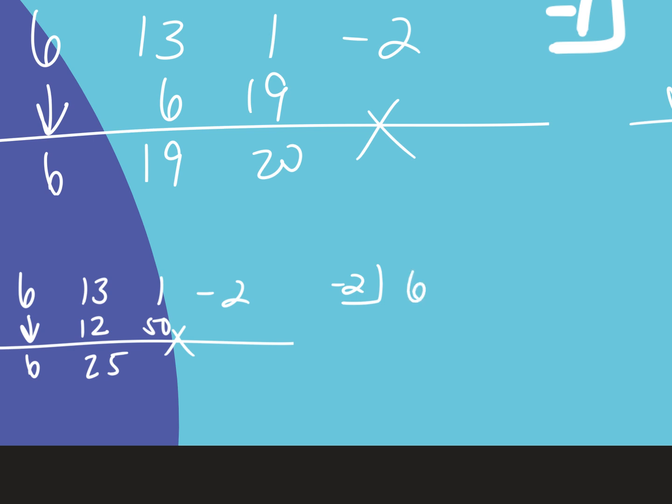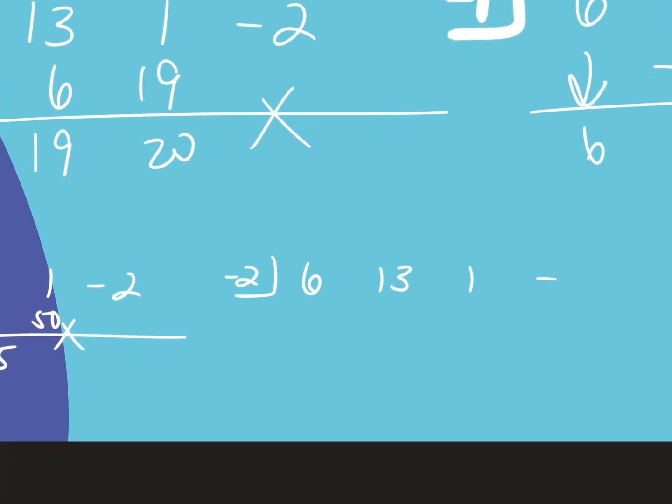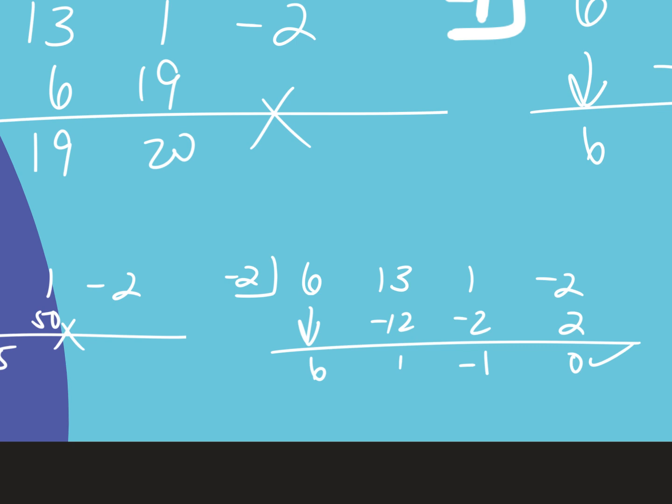So 6, 13, 1, and -2. 6 times -2, -12. 13 and -12, 1. 1 times -2, -2. What's 1 and -2? -1. What's -1 and -2? Woo! What happened? Yay, it works.